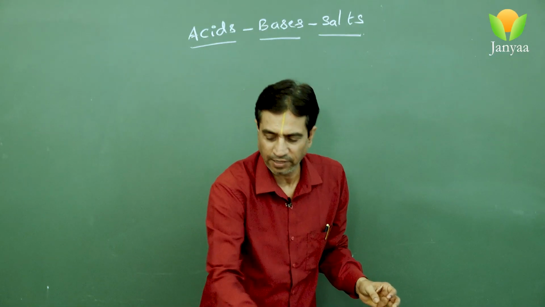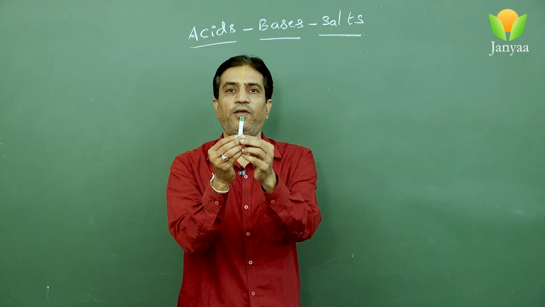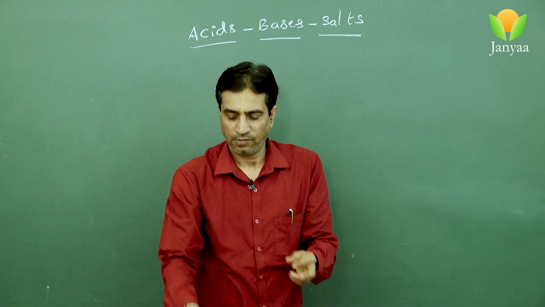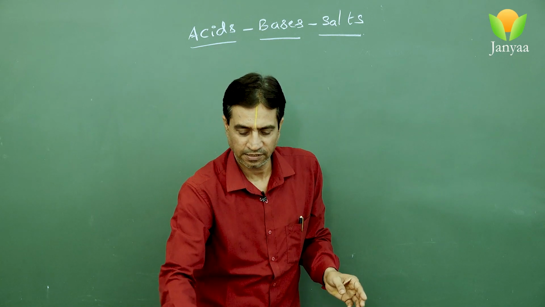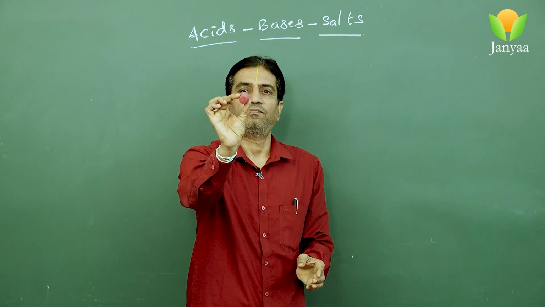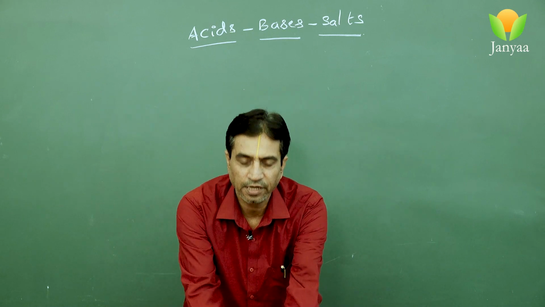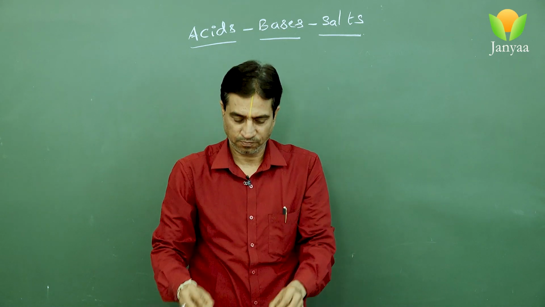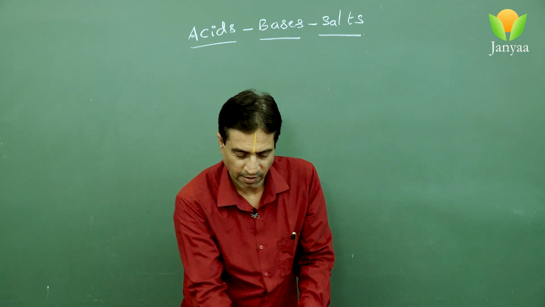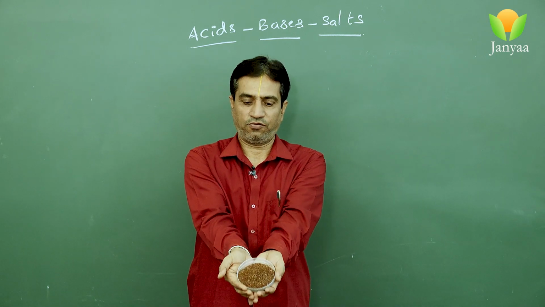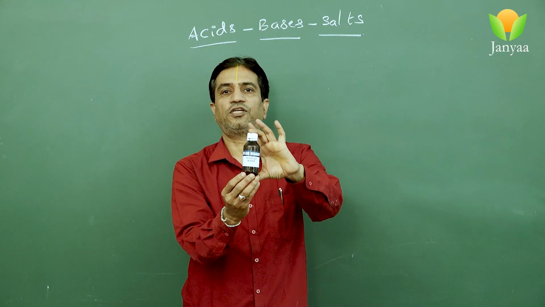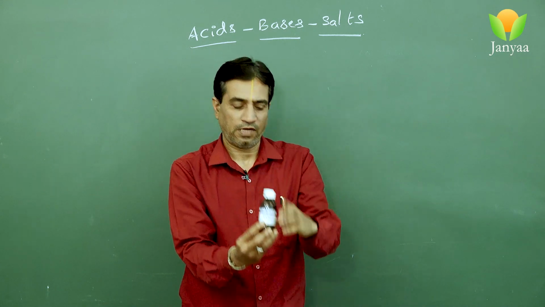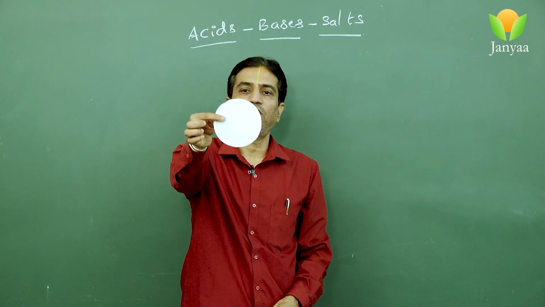Once again I will repeat: you see pH paper, next petri dish, next rubber cork, and we are using 2 test tubes. Similarly, this is collected soil and distilled water, and we are using one more filter paper.